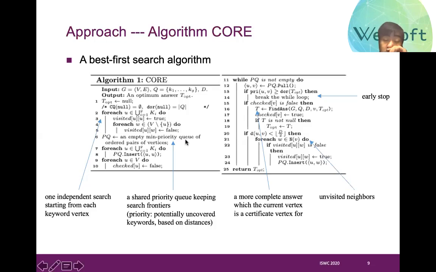So the smaller the priority, the better the vertex. We define the priority of a vertex as the number of potentially uncovered keywords. And this number is computed based on distances according to the proposition that we have just introduced. So I will just ignore the details here.